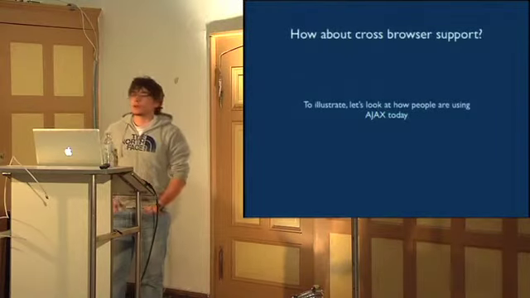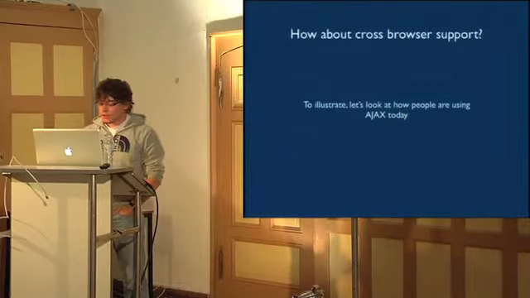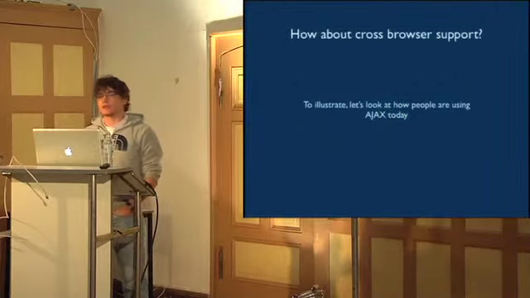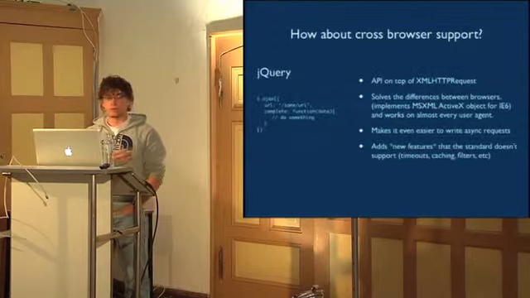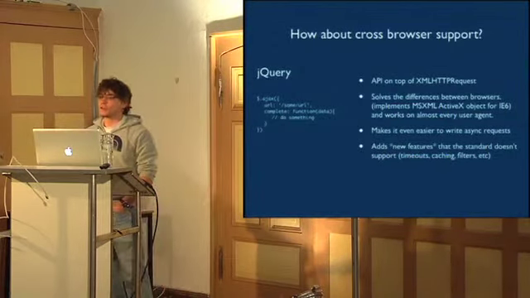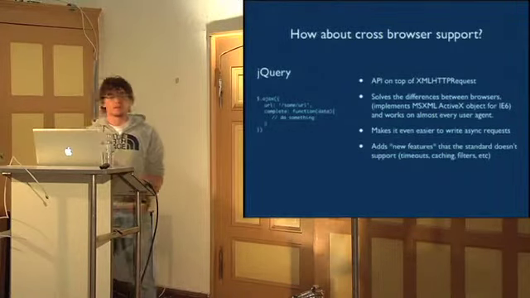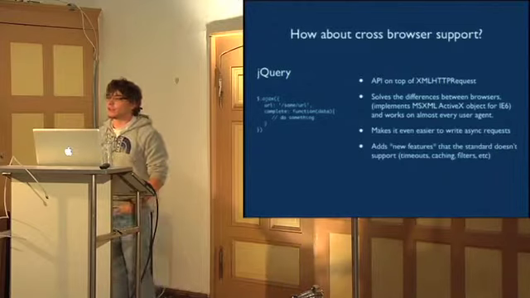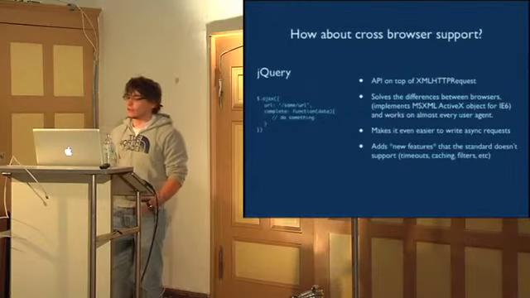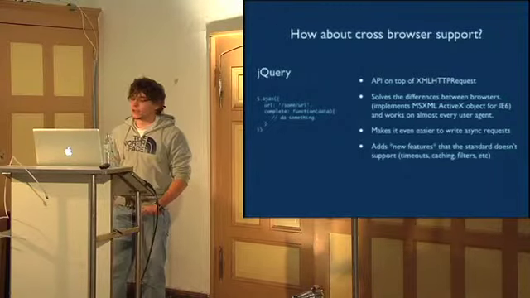So, considering the state of WebSocket today, let's think about cross-browser support. When we do Ajax today, like I described earlier, we're used to using some abstraction of XMLHttpRequest, which also gives us compatibility, for example, with IE6 by leveraging the ActiveX object that Microsoft created back in the day.